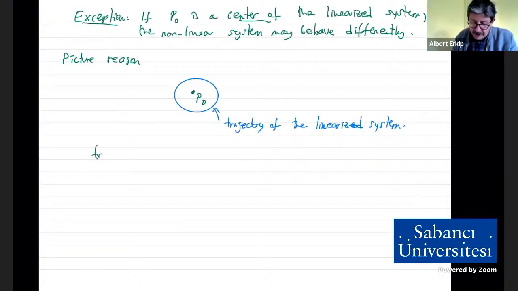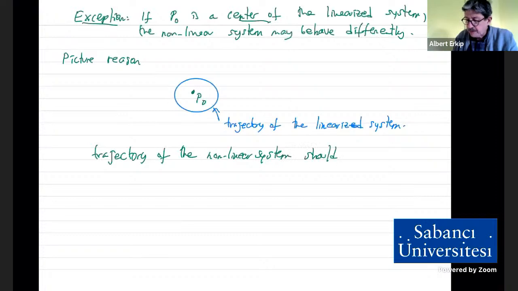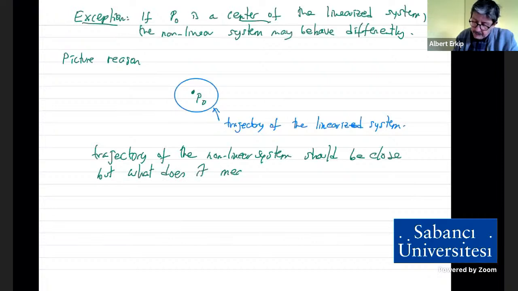Now, the trajectory of the nonlinear system should be close. But what does it mean? Let's put the t here.